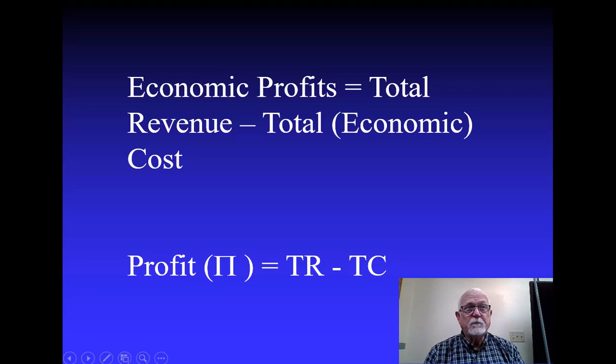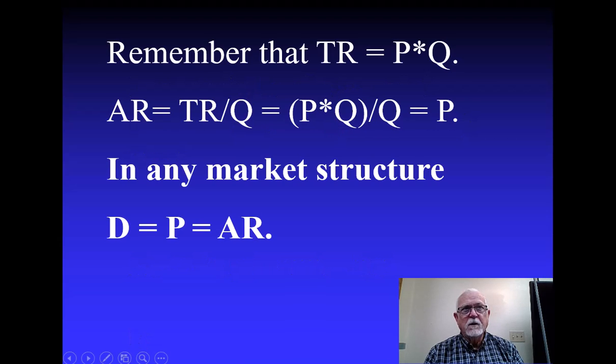All right. Well, let's think about how profits are formed or determined. Profit, I'm going to use the pi symbol for that, is equal to total revenue minus total cost. The total revenue is nothing more than just total sales. And we've studied total cost and actually total revenue in previous videos.